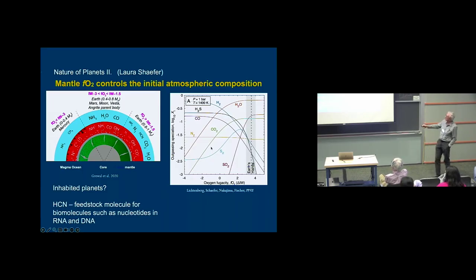So in this neat diagram, we see that at fugacities of this level, we could have atmospheres that are rich in hydrogen cyanide. And for astrobiology, hydrogen cyanide is the feedstock molecule for making biomolecules such as the nucleotides of RNA and DNA. So here we are, as astronomers, focusing on the origins of important biomolecules with that kind of an atmosphere. All important.